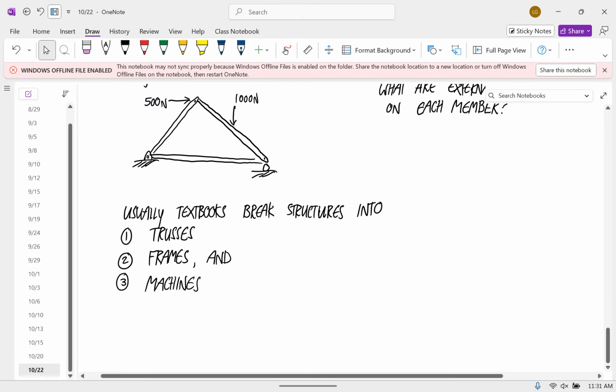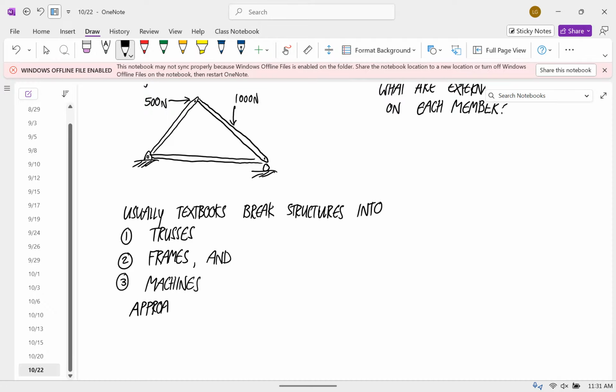And then the approach you use is different depending on which of these kinds of things you have. So the approach depends on that classification.